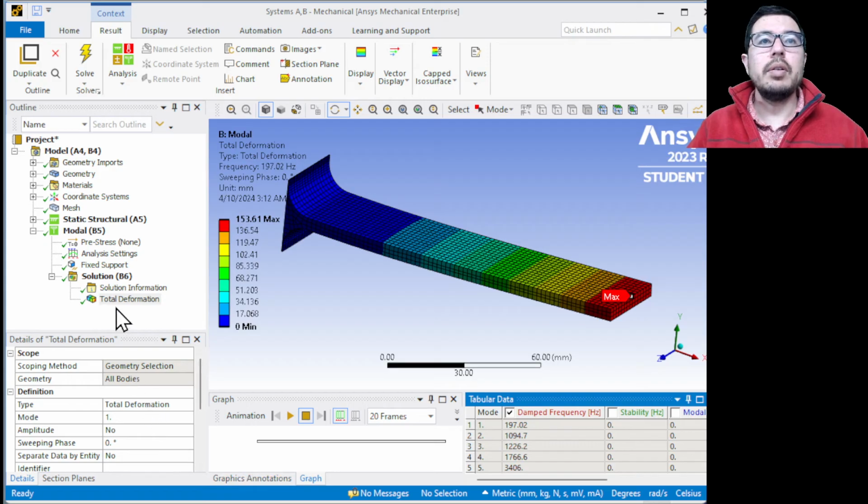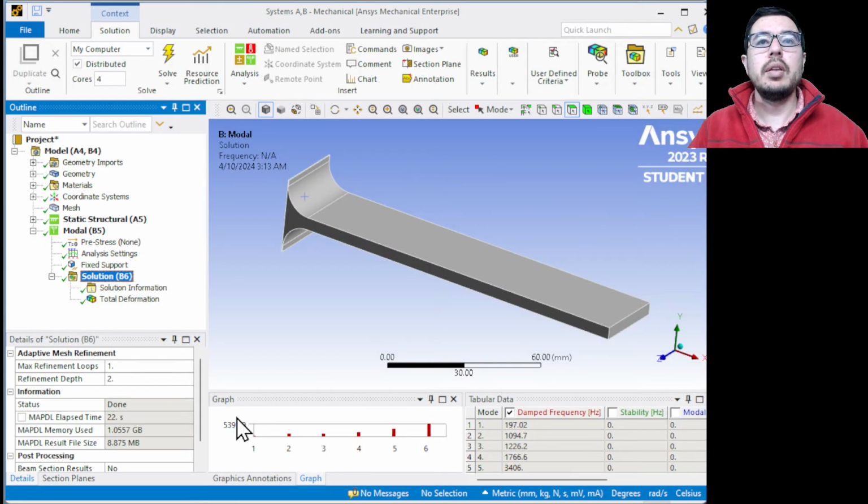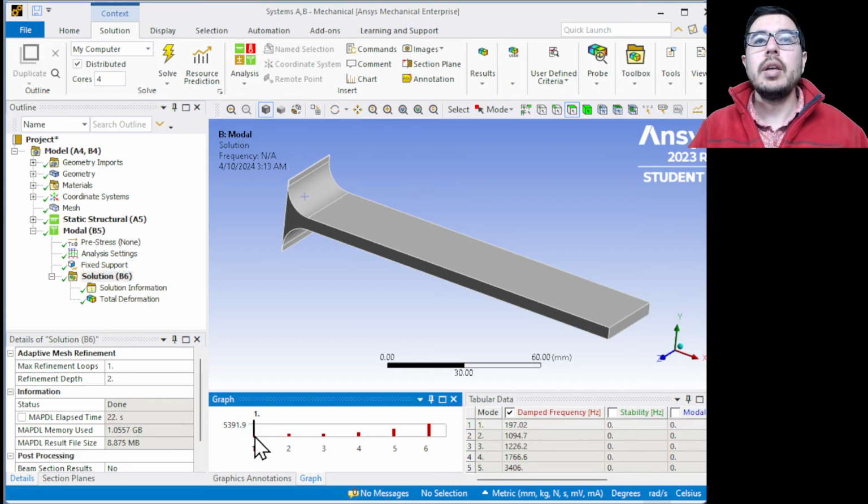In terms of the different modes, you can come over here and click them, right-click them, create mode shape result.